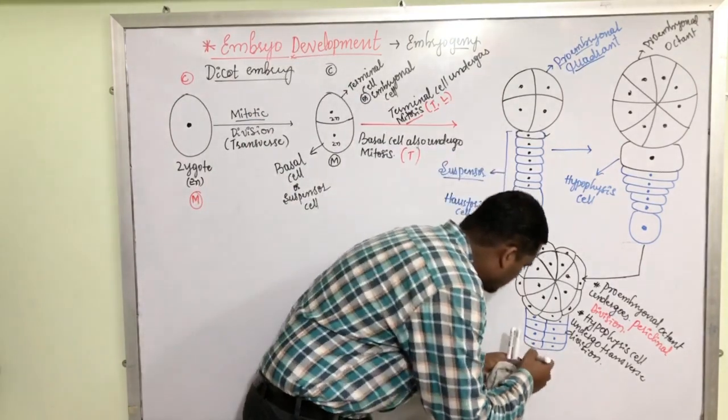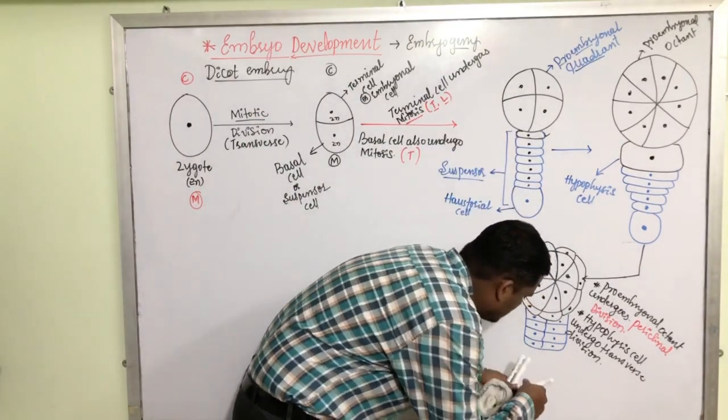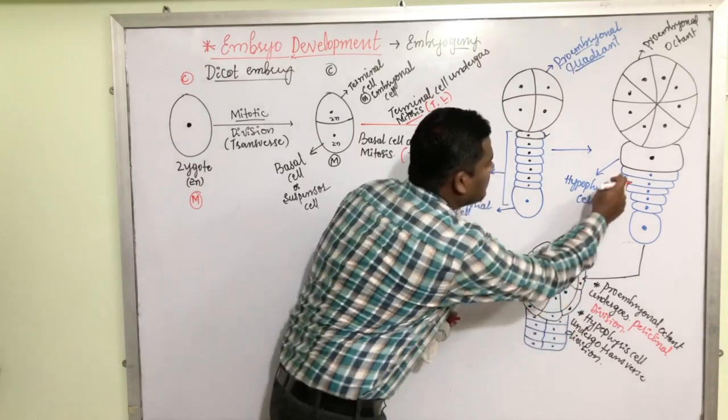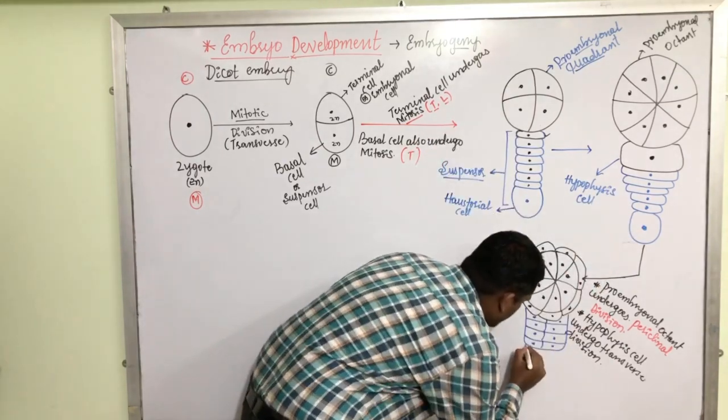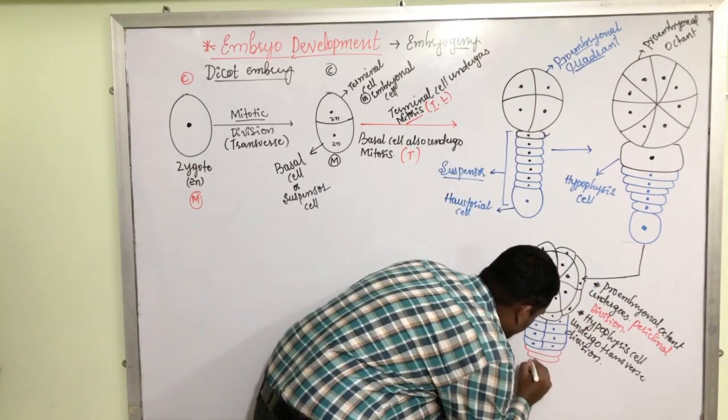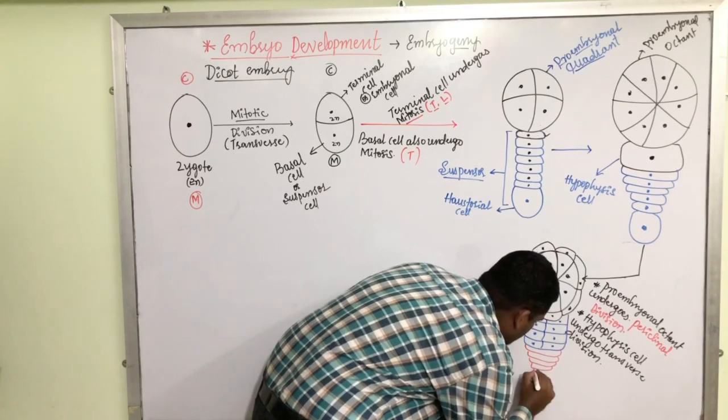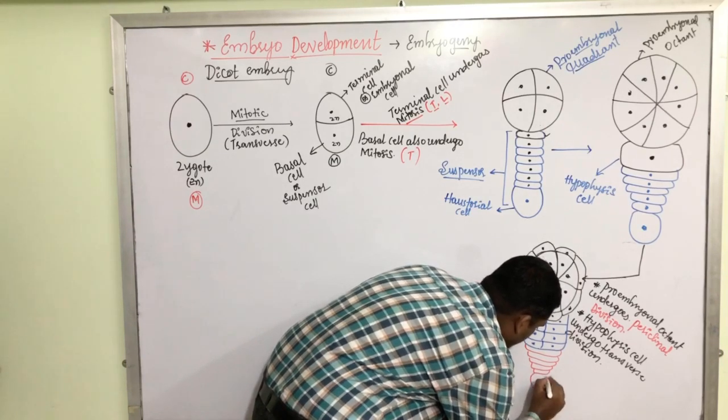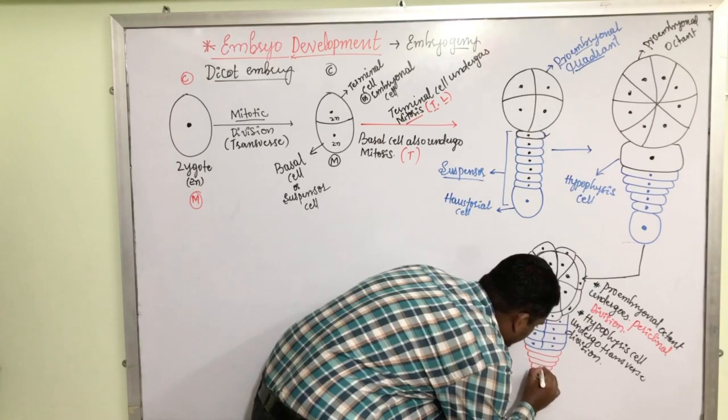Then at the base we'll have these suspensor cells. They are all the suspensor cells. And here we have the haustorial cell.